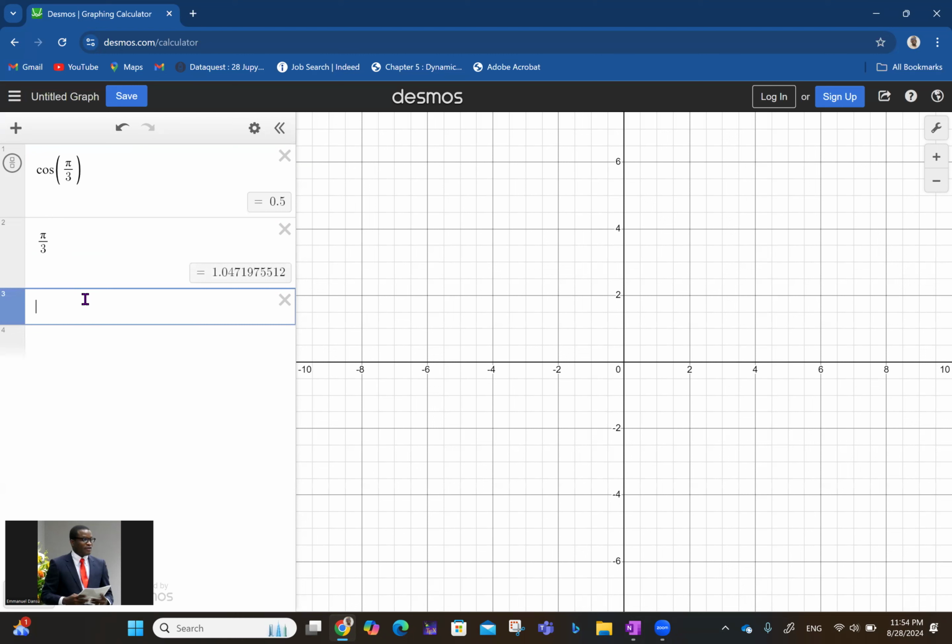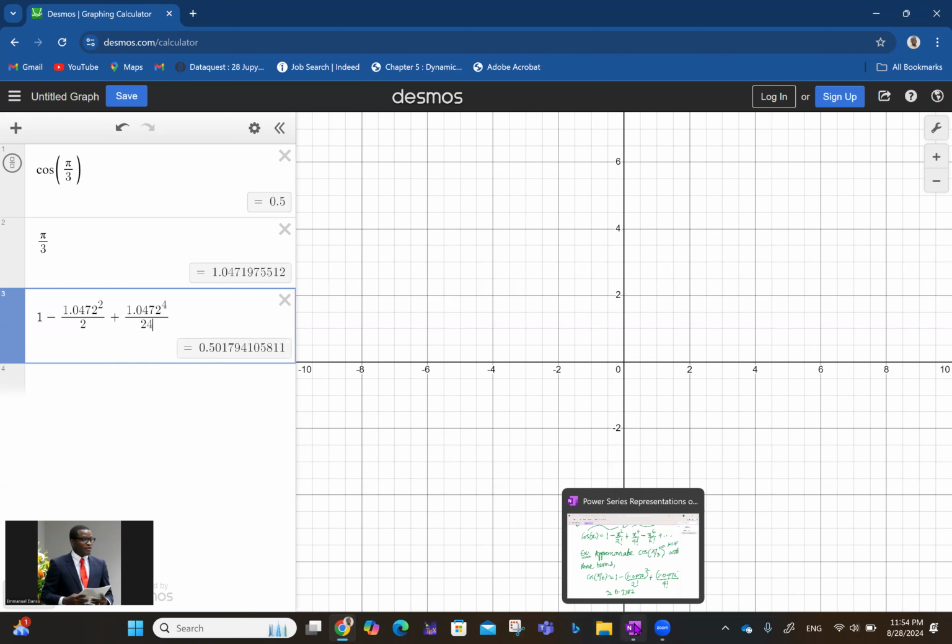So if you do the next one, we have 1 minus 1.0472 raised to power 2 divided by 2 plus 1.0472 raised to power 4 divided by 4 factorial, which is 24. So we are taking these three terms. What we have previously is not accurate.